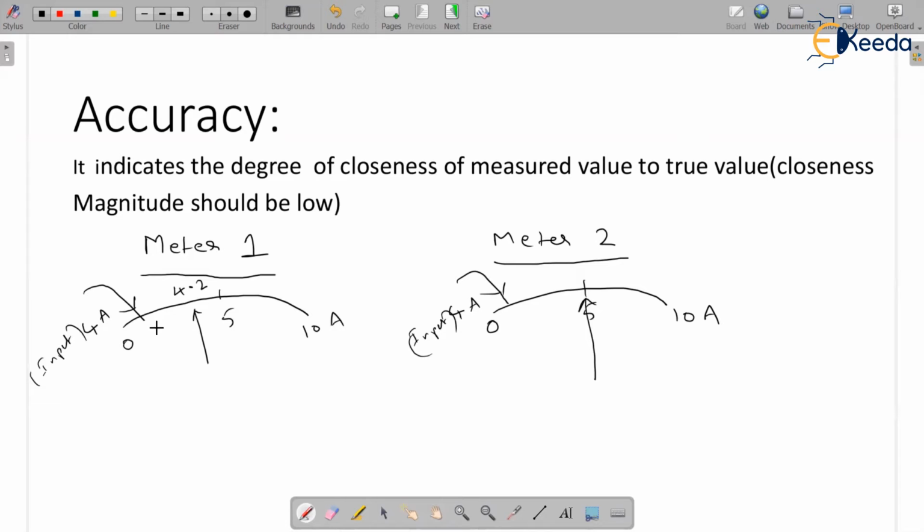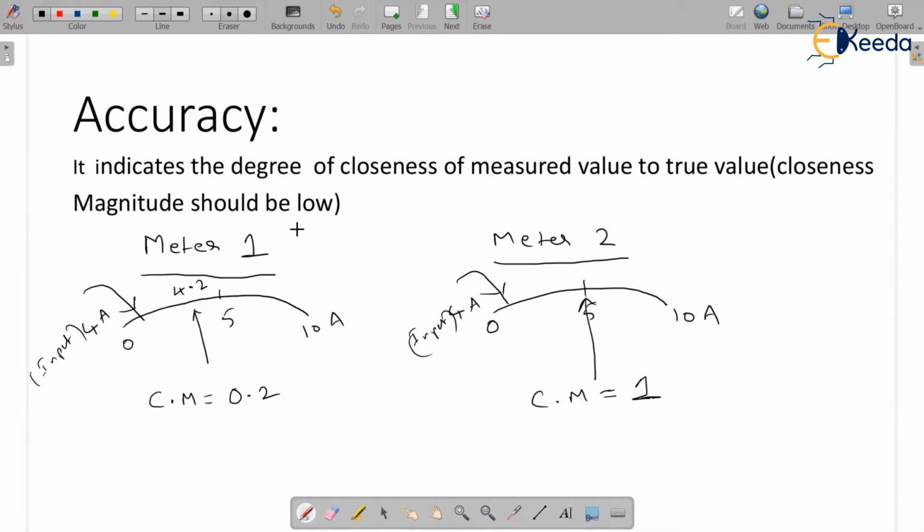So what is the error, or closeness magnitude, in this case? For meter 1 the closeness magnitude is only 0.2, but for meter 2 the closeness magnitude is 1. As a student, now you are performing an experiment in your class.